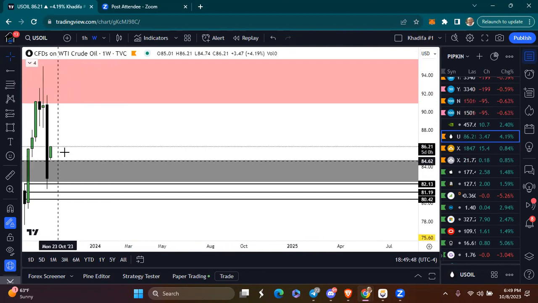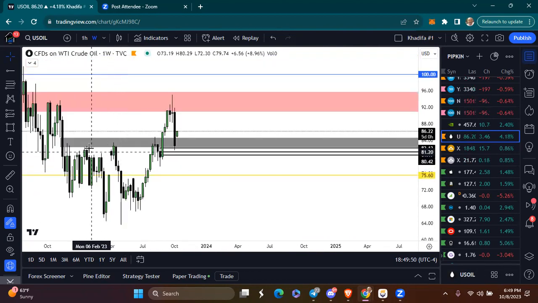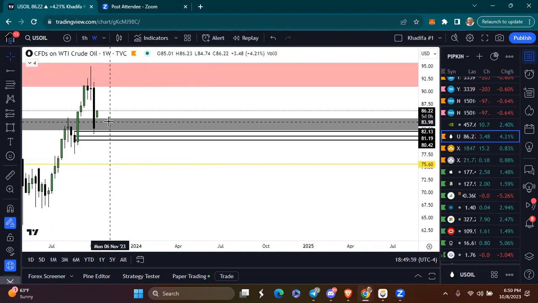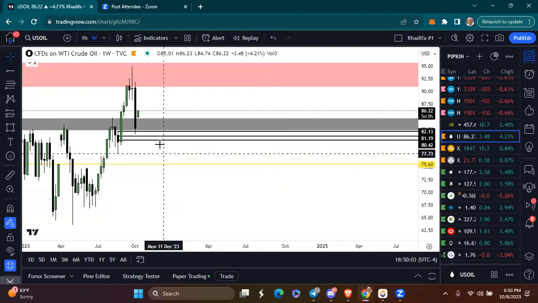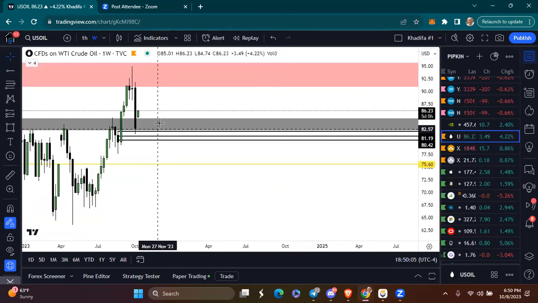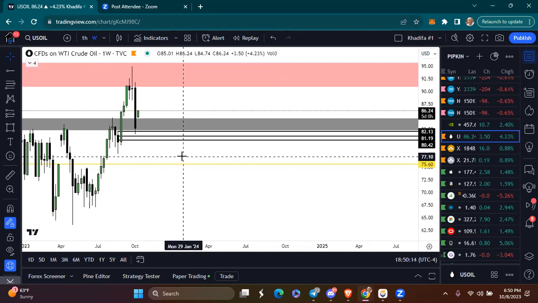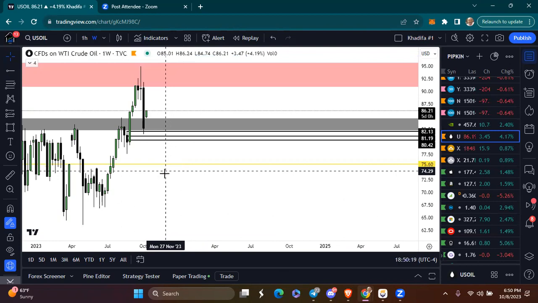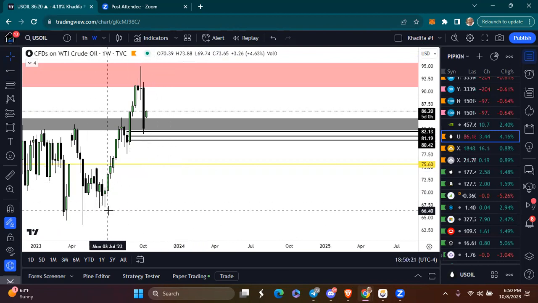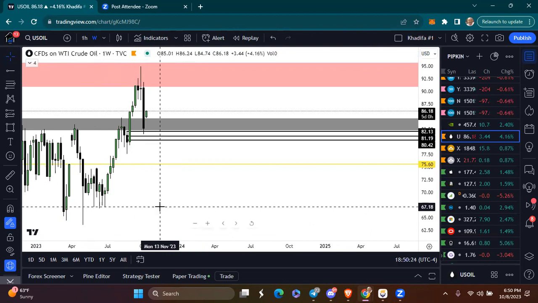So as we can see, we open back up above the fair value gap that we was waiting on to be broke, that was broke on August the 28th. So now I just want to see us find support and continue to the upside for oil. If we break back below this weekly fair value gap, this gray shaded area, then I'll be on the sidelines until we break below these levels here, $66, right?